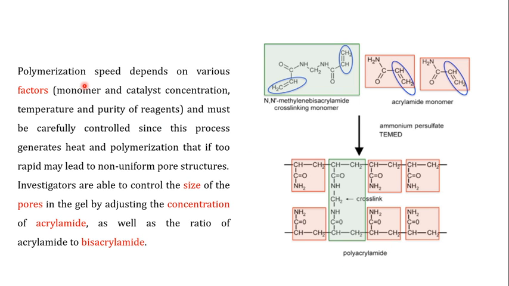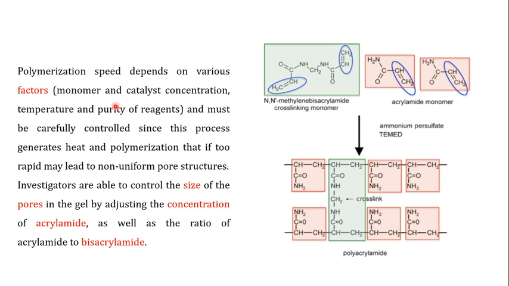Now this polymerization speed depends on various factors. It can depend on the monomer and the catalyst concentration. It depends on the temperature and the purity of the reagents. These factors must be carefully controlled, since this process generates heat, and polymerization that is too rapid may lead to a non-uniform pore structure.